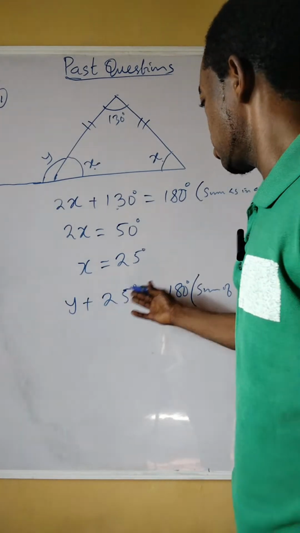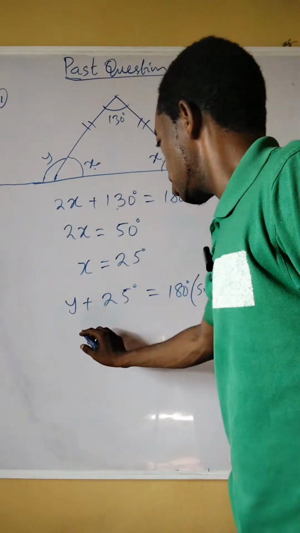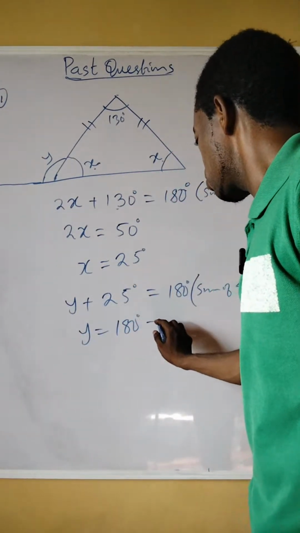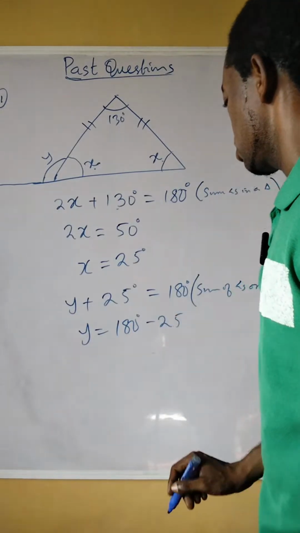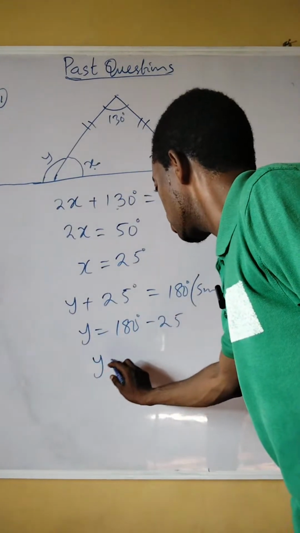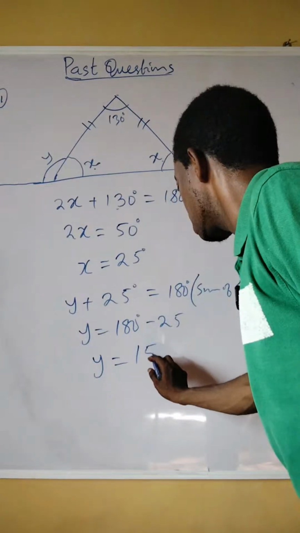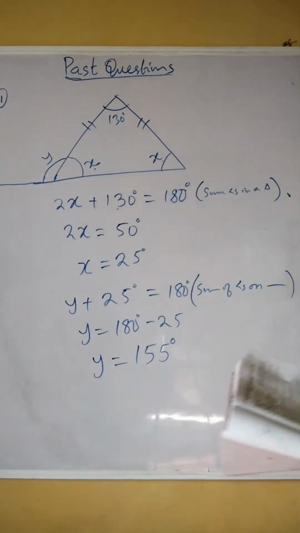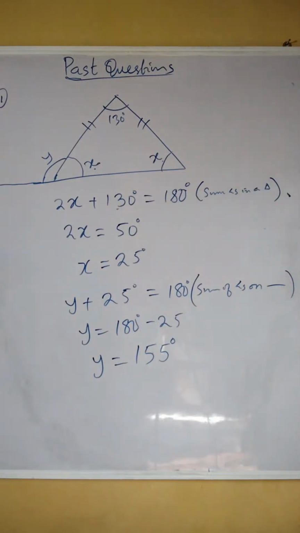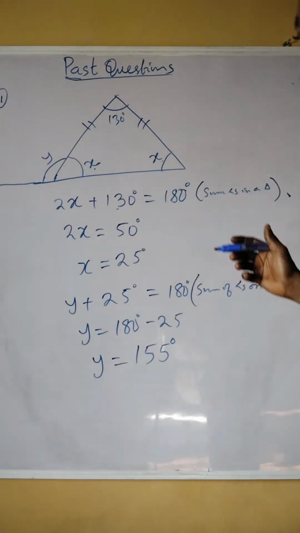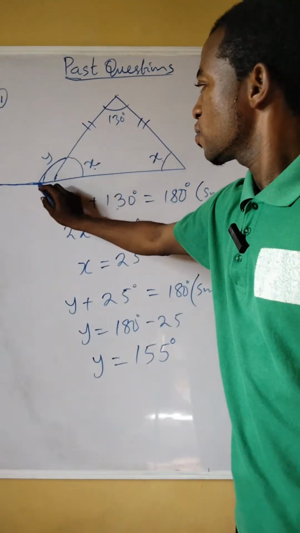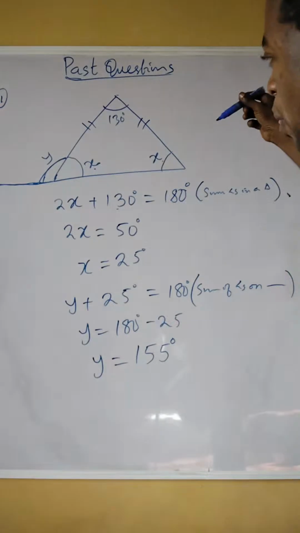So taking 25 across, we have y equals 180 degrees minus 25, which implies y equals 155 degrees.